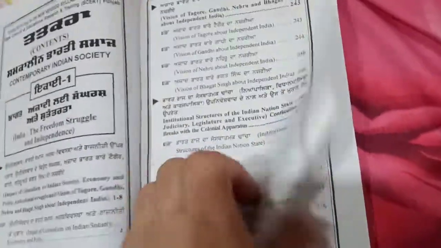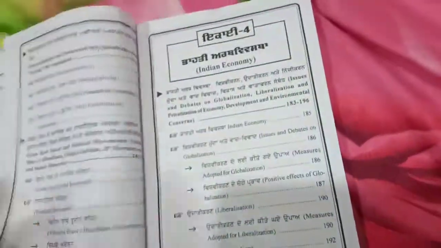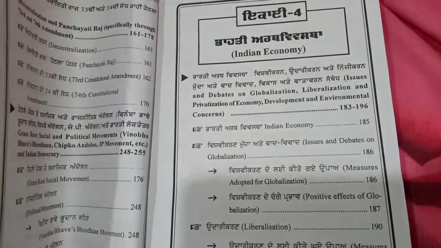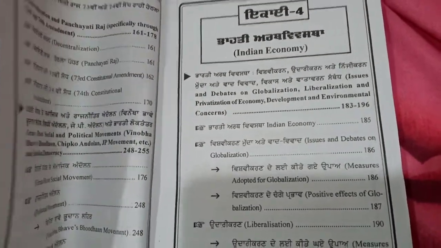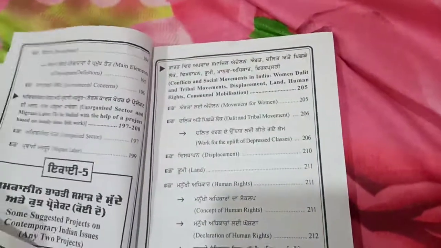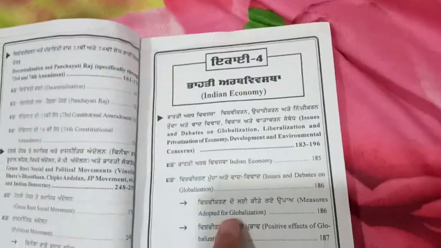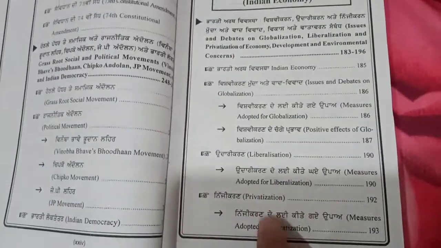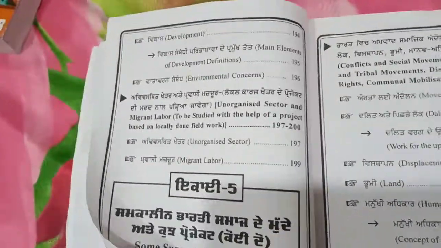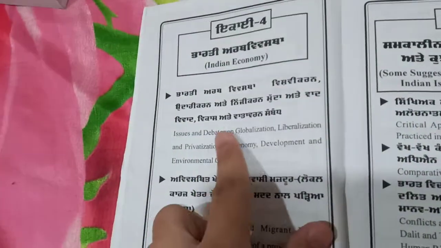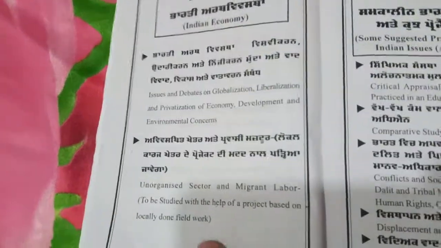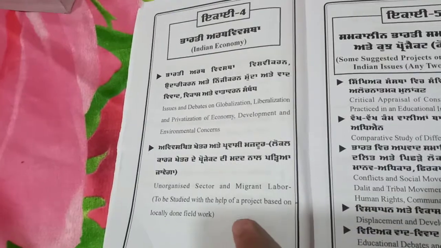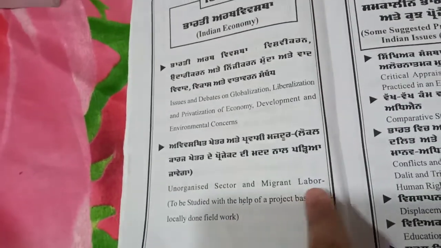Unit 3 is clear. Then unit 4, globalization, liberalization, privatization of economy. Indian economy, issues and debates on globalization, liberalization, privatization, till migrant labor. You can check out unit 4, verified with the syllabus. It's completely there, so unit 4 is also there.